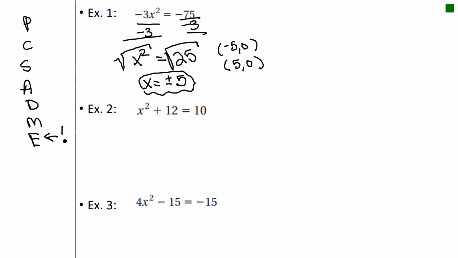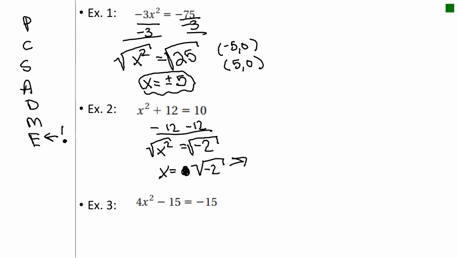All right, example 2. Undo addition by taking away 12, taking away 12. Now we have 10 minus 12, which is -2 equals x squared. Square root. x equals plus minus, no, x equals the square root of -2.